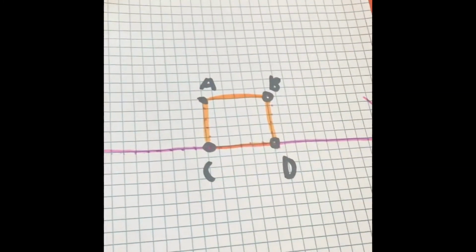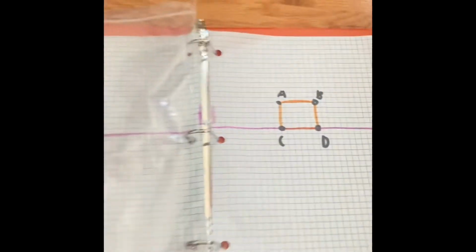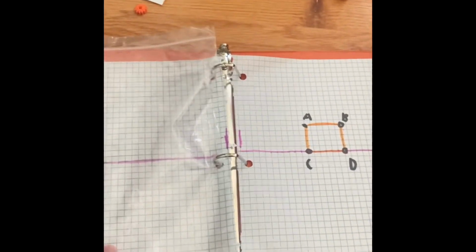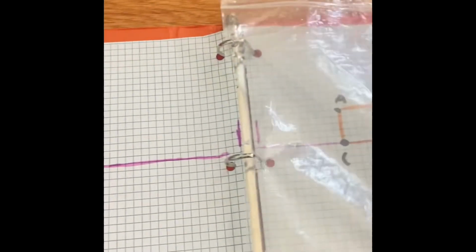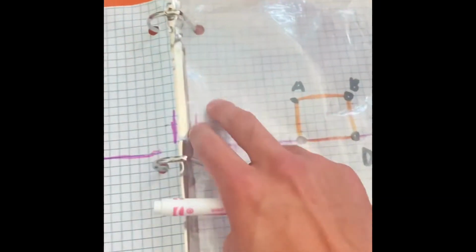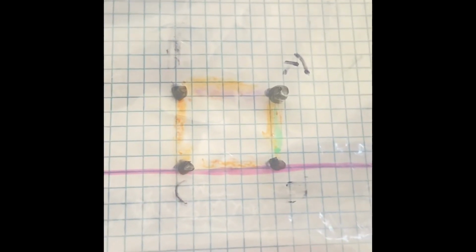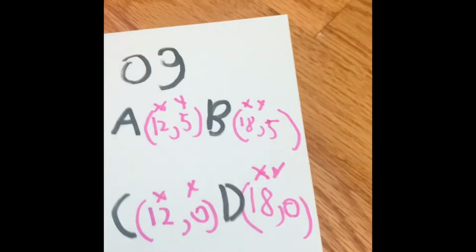And the next step is the most exciting part. We get to reflect it over the y-axis. So we're going to copy down the four points and see what it looks like. If we reflect this shape over the y-axis, we'll be able to understand the coordinates of it and what the math is.